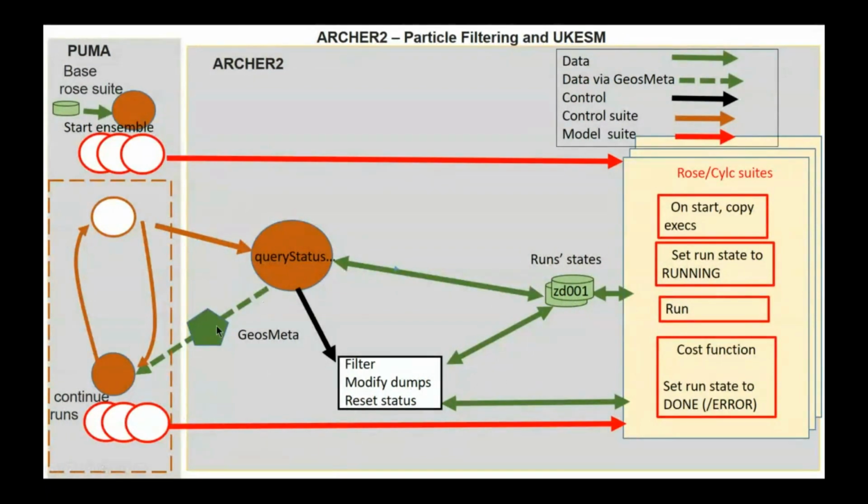And messages are sent to GeosMeta to request that runs complete. So the runs continue, and the effect is that this task picks up messages from GeosMeta. It extends the end run date and continues the runs on Archer.